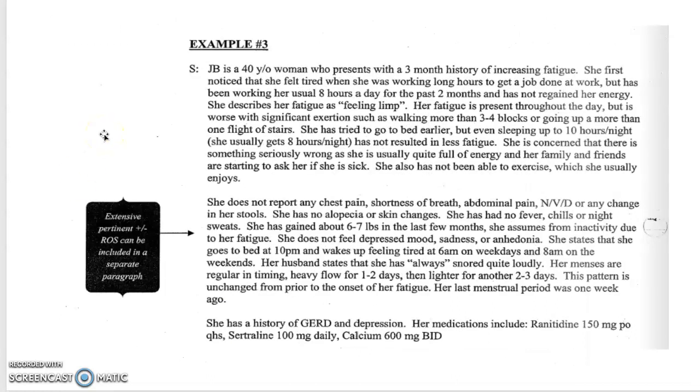And finally, we're about to run out of time, but we do have a more complicated patient here with fatigue, certainly not a straightforward case. So a lengthy history of the present illness, pertinent review of systems, and all of that is included here in the subjective, plus a patient's medical history and medications.